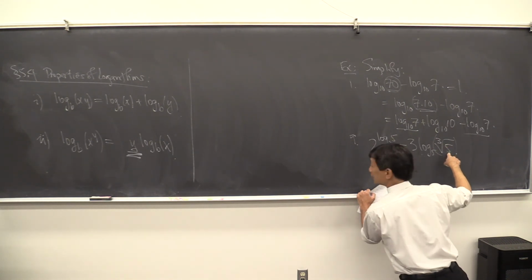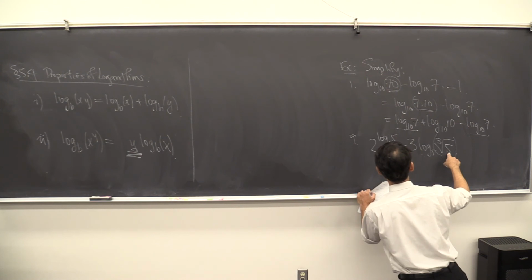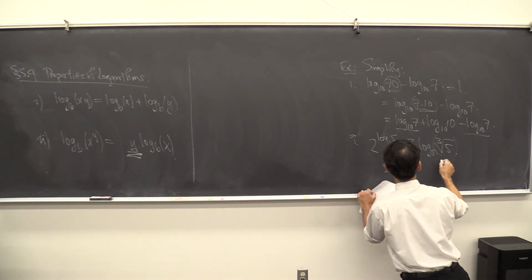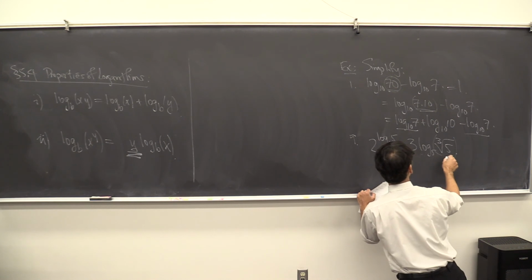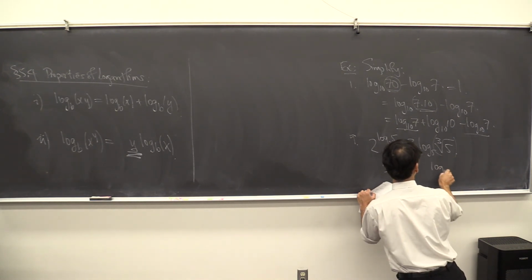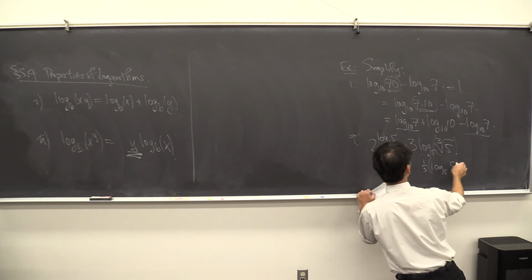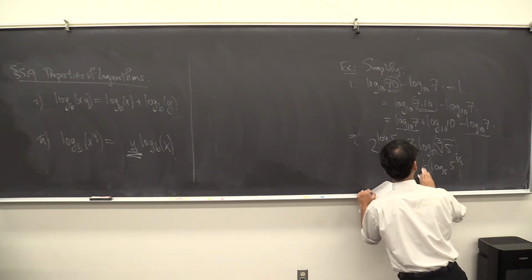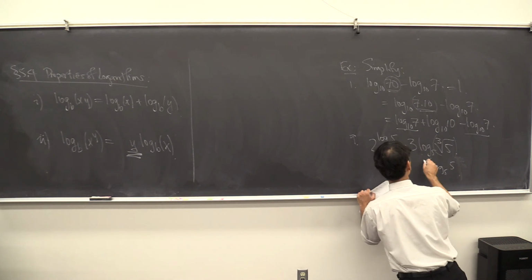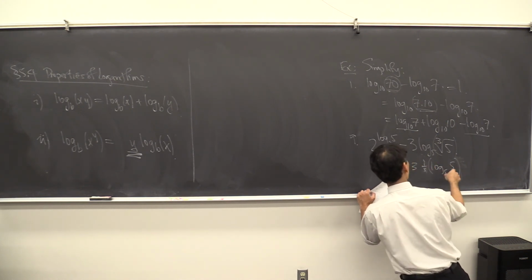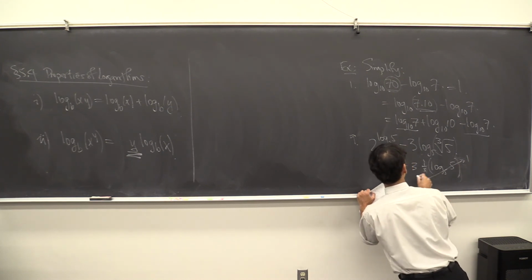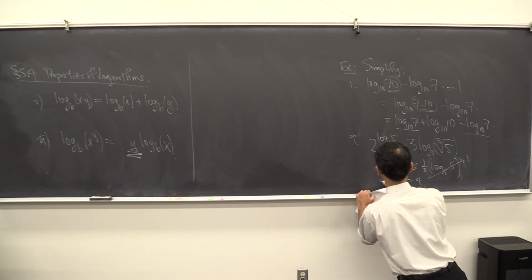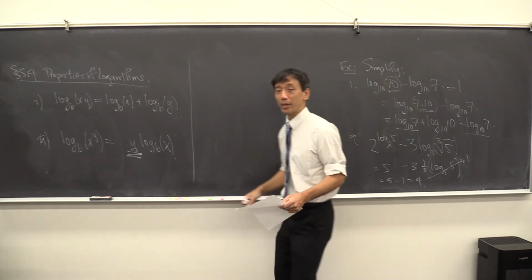That would be 1/3. You can pull that 1/3 out. So you get minus 3 times 1/3, and log base 5 of 5 is just 1. So you get 5 minus 1, which is 4.